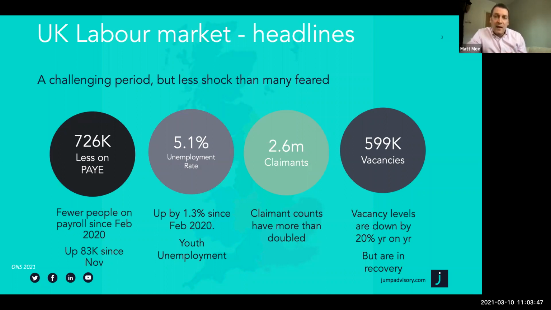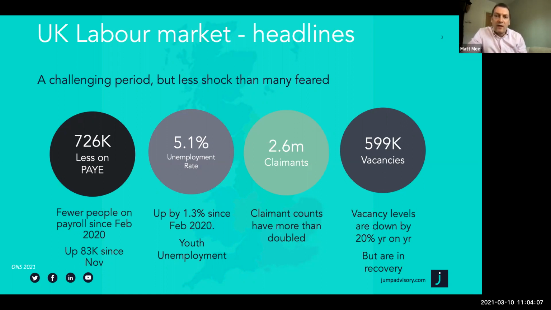But that number has more than doubled in the time frame since COVID started. And in terms of overall vacancies across the UK market, for those of you that follow that data, we'll go into it in a bit more detail. But about 600,000 vacancies. We actually were much lower than that, in the early periods of the lockdown. But we are seeing signs of recovery.